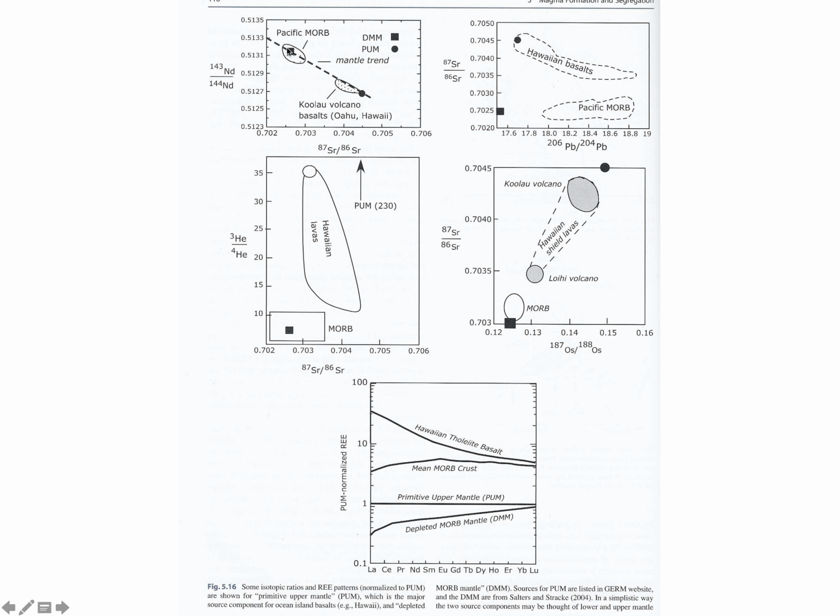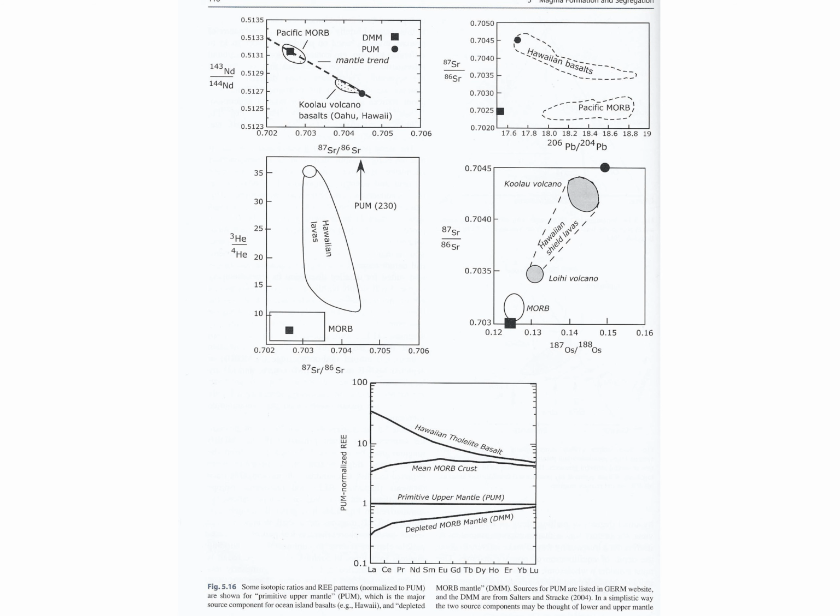But here the field for the Pacific MORBs and the basalts from the Hawaiian islands is different. Therefore we can use the isotopes to classify our different rock samples, and then we can get an idea or construct a geodynamic model of in which geotectonic setting this rock was formed.